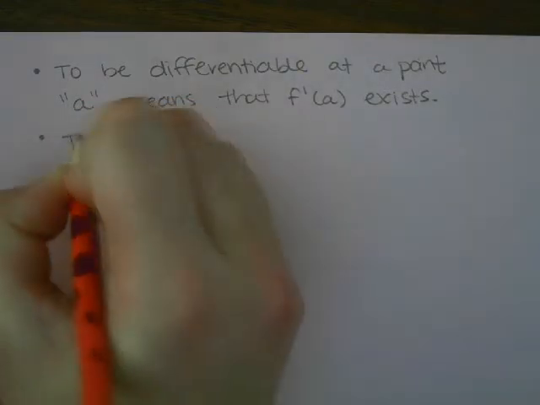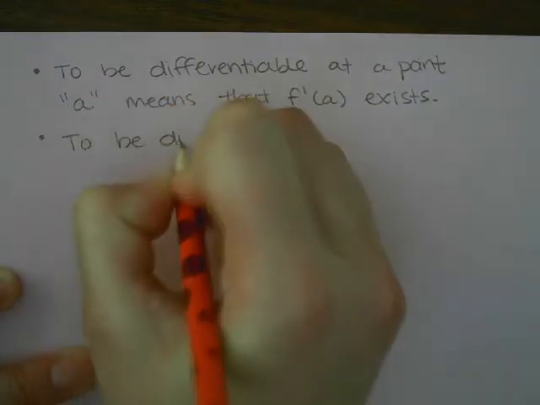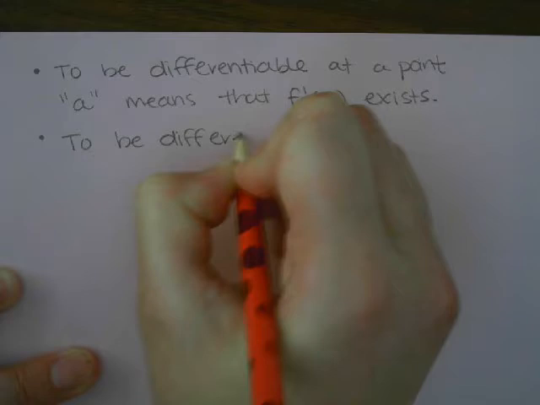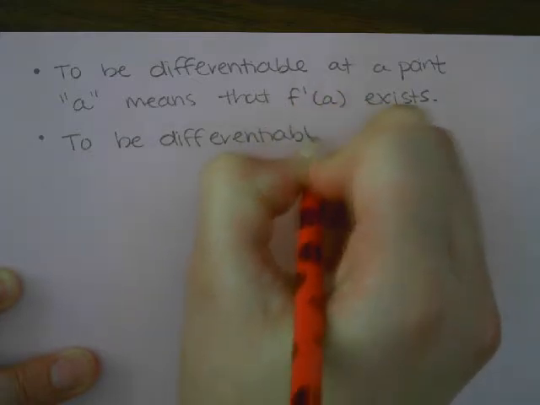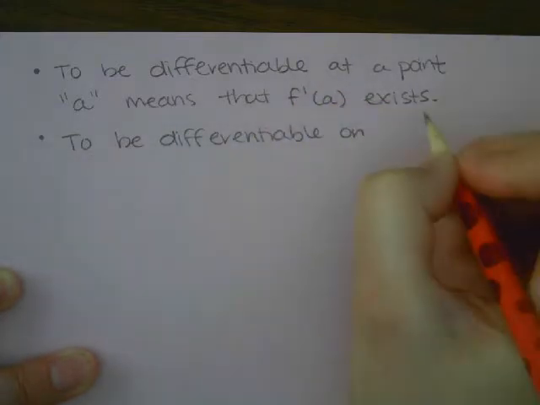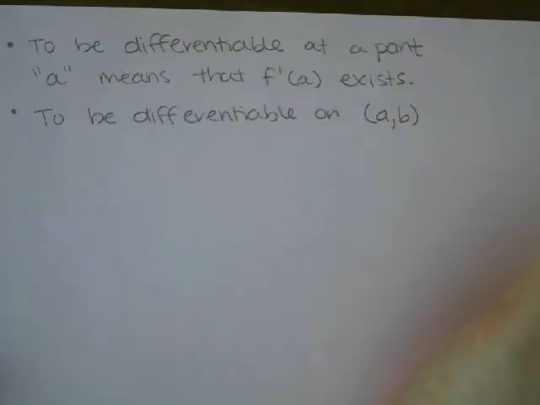Okay? All right. To be differentiable on an interval, and our interval is going to be A, B. So that's an open interval. I'm not including the endpoints. I'm saying everything in between the endpoints.